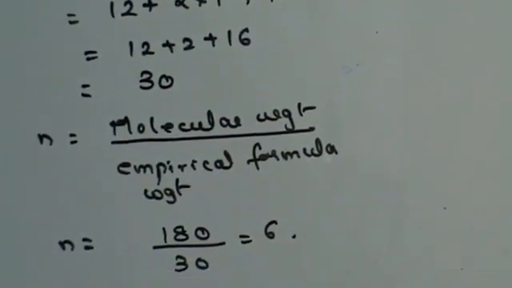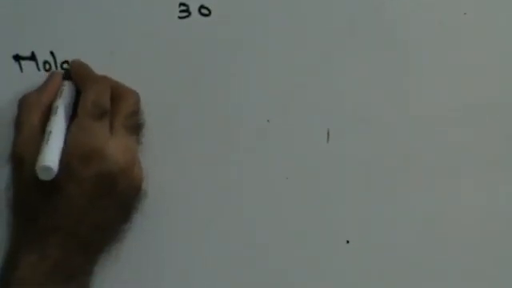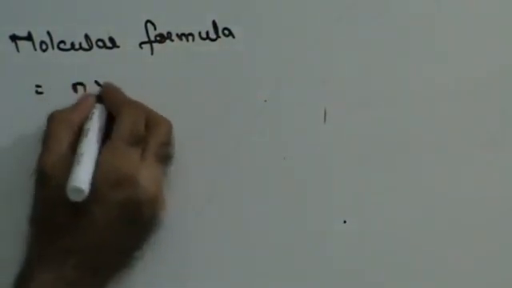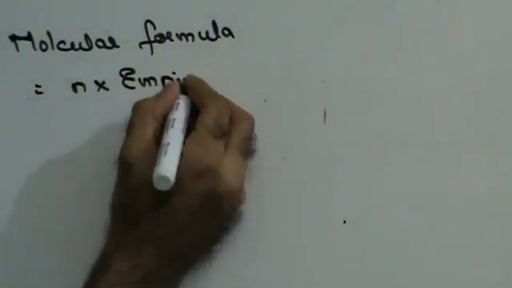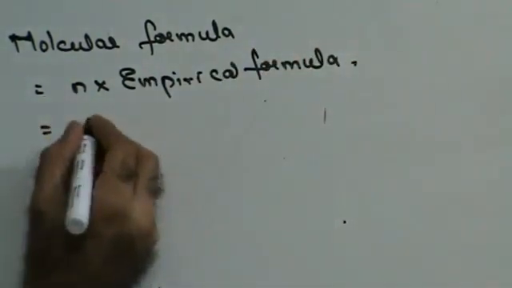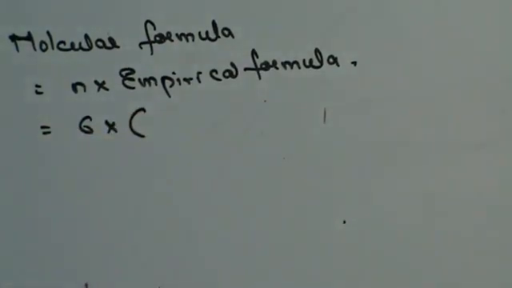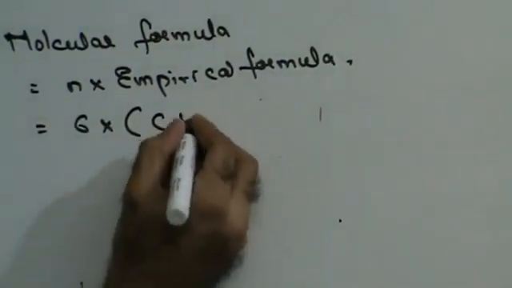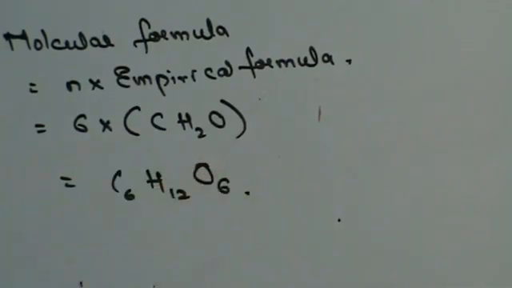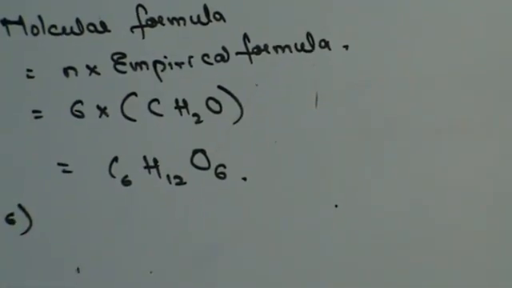So in that case, molecular formula is nothing but N into empirical formula. Six into CH2O. So this is going to be C6H12O6. So the molecular formula is going to be C6H12O6. Do we understand how to find the molecular formula? Next, take down next one please.